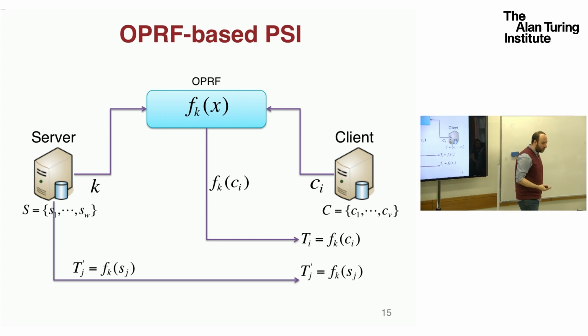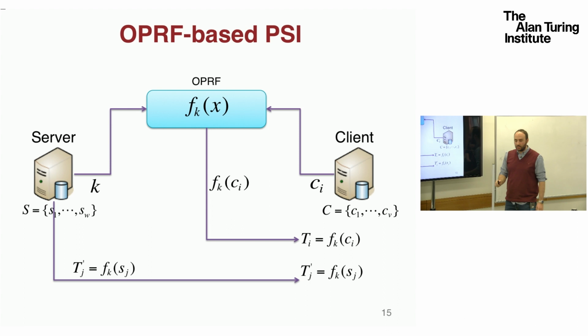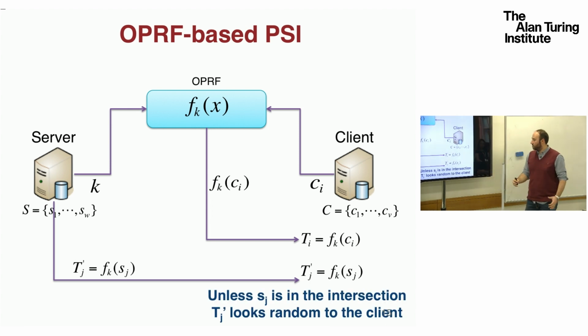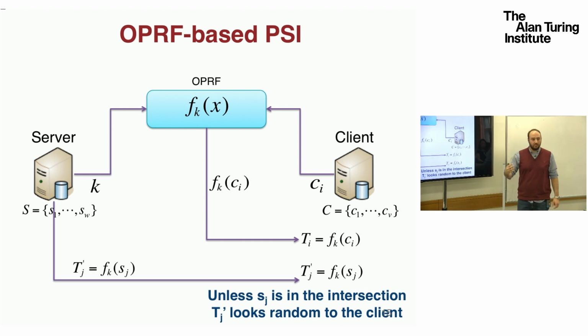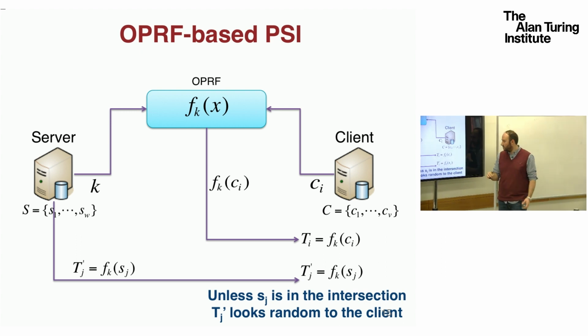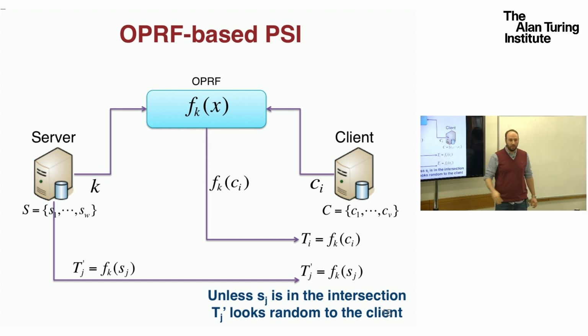Okay? So now the client can learn the intersection and only the intersection, by finding matches. If t_i equals t'_j, it means that c_i is in the intersection, so that c_i equals s_j, because this function is deterministic. But if s_j is not in the intersection, then t'_j looks random.